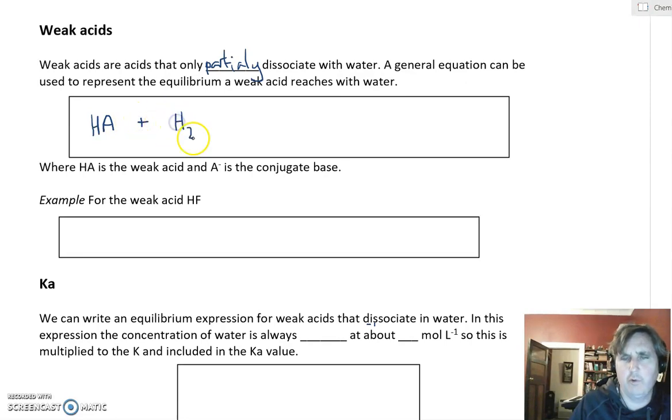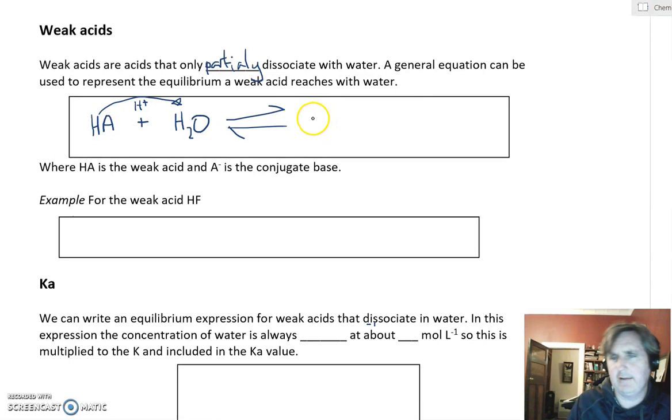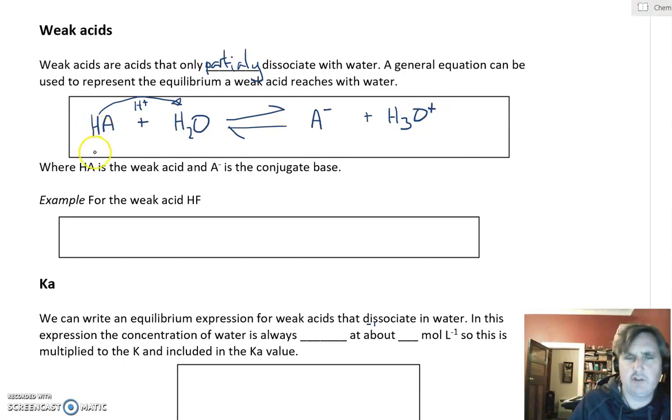It reacts with water, and when it does that, it gives its proton to water, donates it because it's an acid, and we have a dynamic equilibrium happening when we do this. So we get an A minus produced here and an H3O plus. Now this HA is our weak acid, and A minus is what we call a conjugate base.